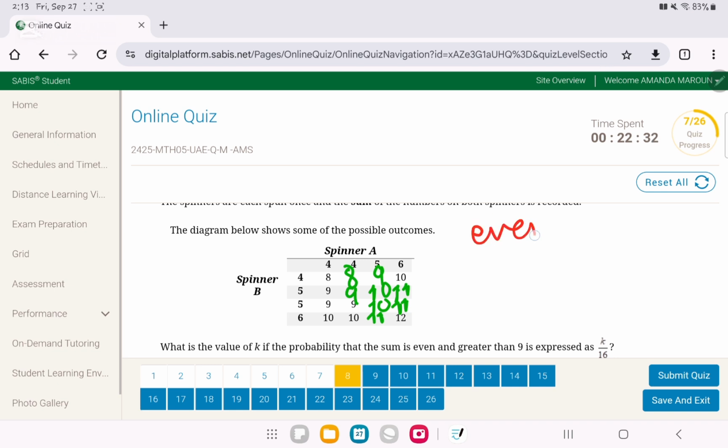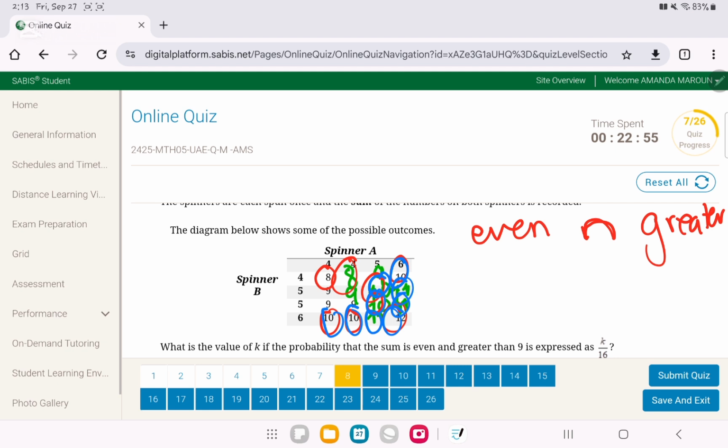We said even, intersection, greater. So let's circle the even in red. We're gonna have 8, 8, 10, 10, 10, 10, 10, 12. Okay, and let's circle the greater in blue. So we're gonna have 10, 10, 10, 10, 10, 12, 11, 11, 11. So which numbers, you notice, have both red and blue?